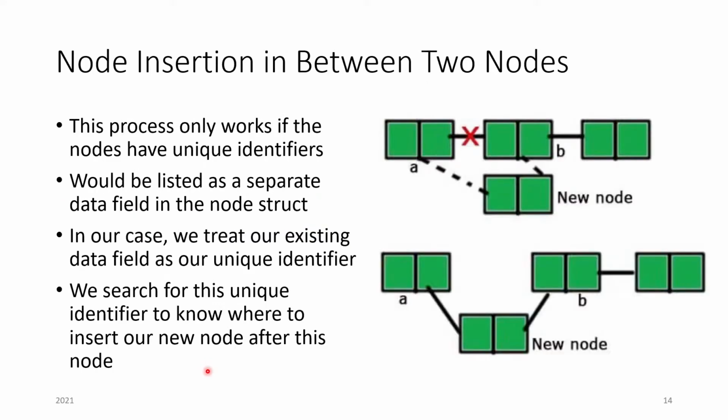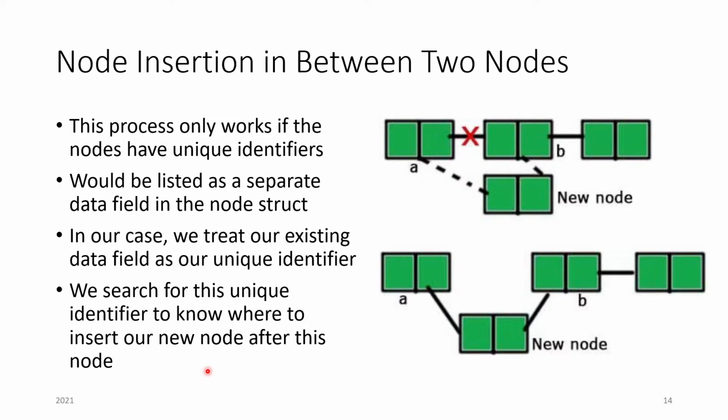And inserting a new node in between two nodes, we won't have to break the linked list and reform the links accordingly as a result. Now, this process only works if the nodes have what we refer to as unique identifiers. And that's going to be a different data field within your node structure itself.